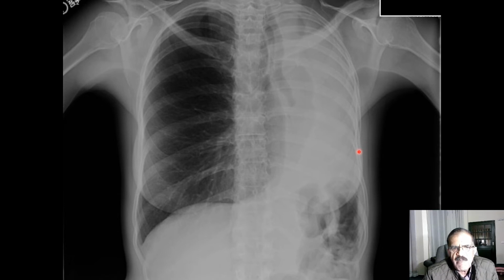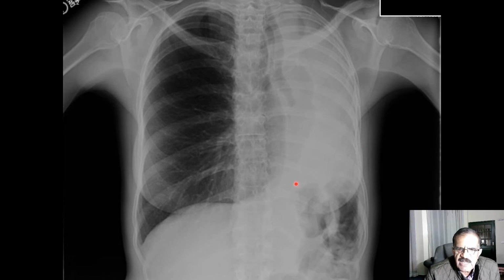So the neighboring structures remain in their normal position. But primary atelectasis, primary collapse, is a condition where there is bronchial obstruction and that leads to absorption of air distally and lung collapse. So in that case, of course, there will be loss of volume, the lung volume will reduce.